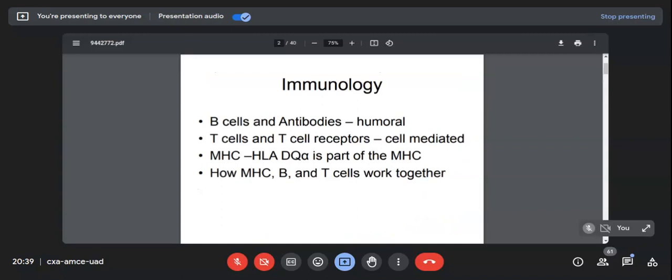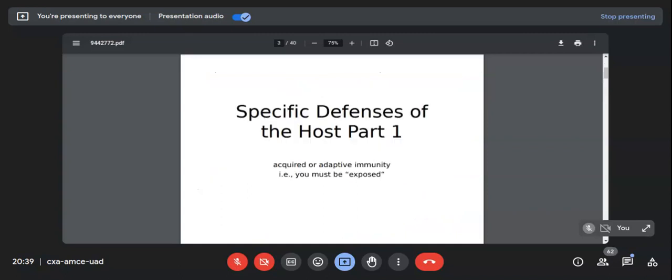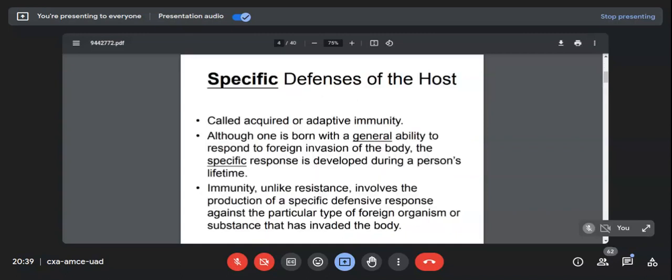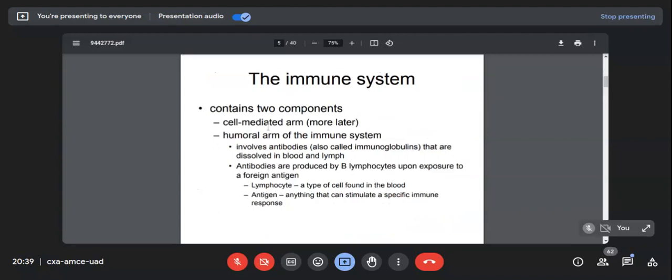Some of the names I would give you is it can also be called specific immunity, and at the same time it can also be called acquired immunity. I also said with regards to adaptive immunity, there are 2 types. The first type is cell-mediated adaptive immunity. The second type is humoral adaptive immunity.